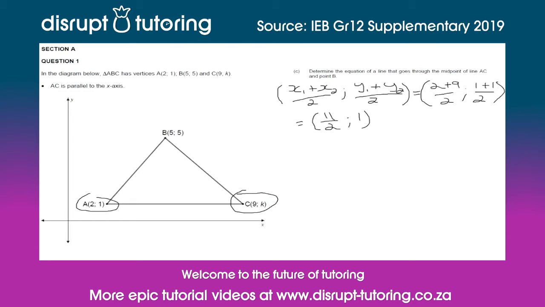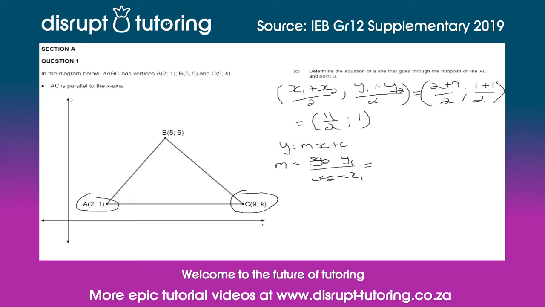Cool, so now we're going to use this point to calculate our gradient, because we know that the equation of a line is y equals mx plus c. So we know that m, which is our gradient, is the change in y over the change in x, again straight from your formula sheet.